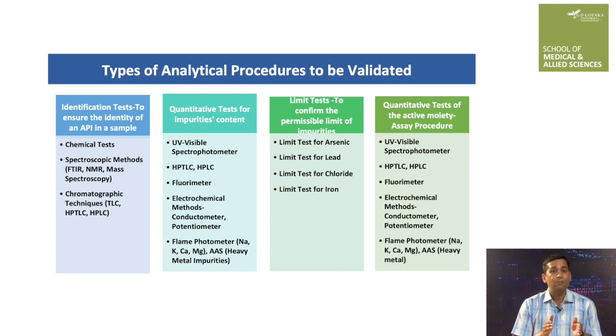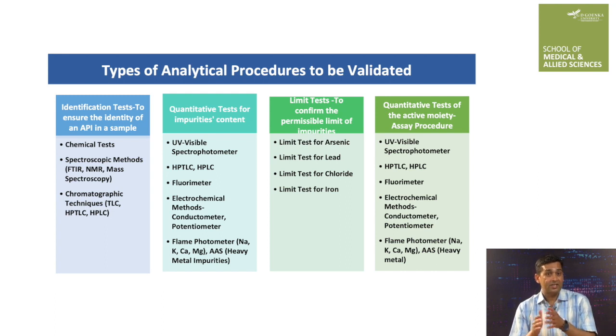In case impurities are conductive of electric charge, electrochemical analytical methods such as conductometer, potentiometer can also be used. If impurities are sodium, potassium, calcium and magnesium, you can use flame photometer, while to quantify heavy metals, atomic absorption spectroscopy is used.